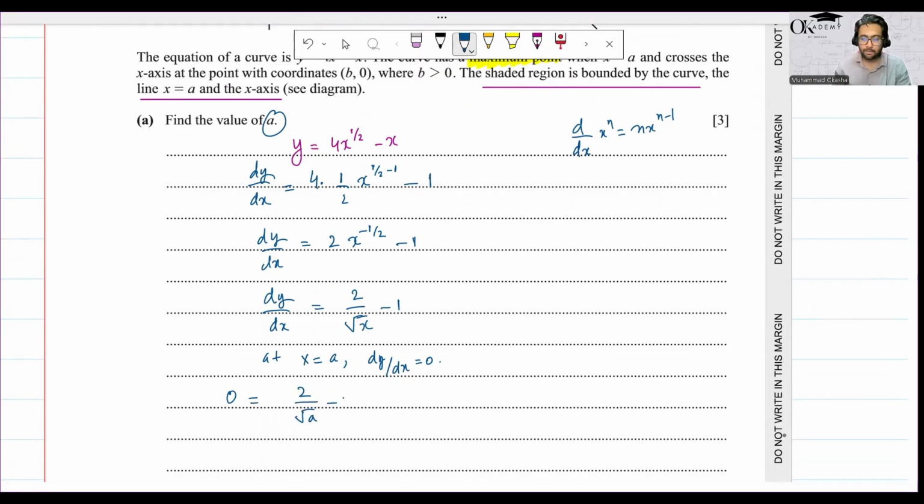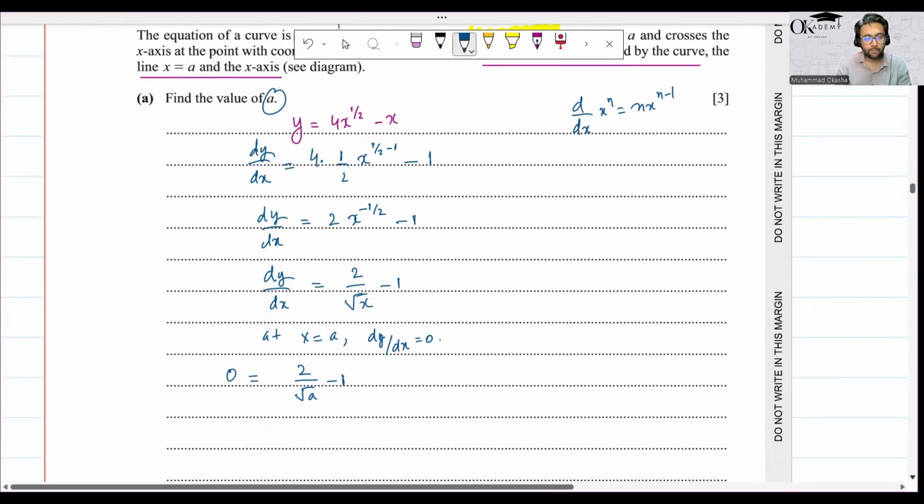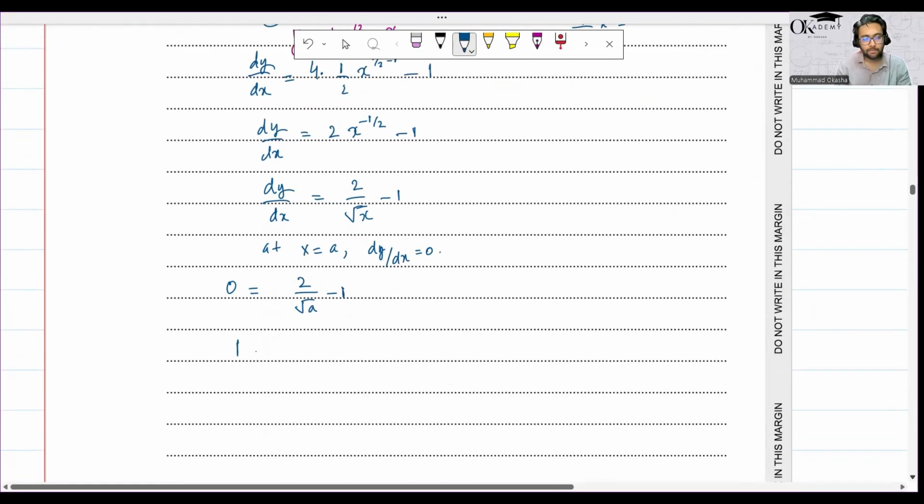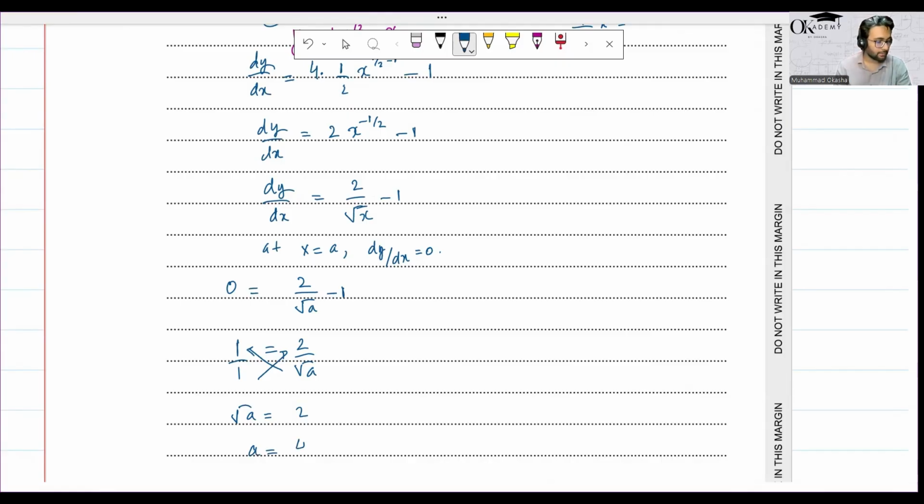Minus 1. Let's solve it. So 1 goes over to the other side. It becomes 1 equals 2 over square root a. I'm going to cross multiply. So cross multiplication will give me square root of a equals 2. If I square both sides, I am going to get a equals 4.